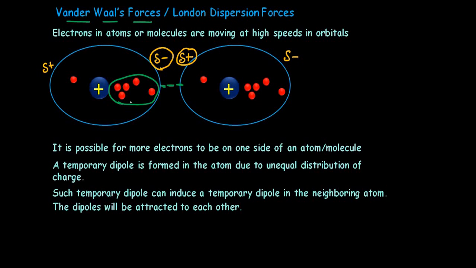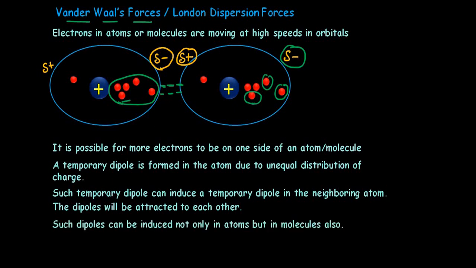Now this is not at all permanent, but as we know, it is all because of the electrons which are revolving around the nucleus. So we can also understand that the more the number of these electrons, the stronger the dipole created, and so the force which is produced or the bond which is formed between such atoms is also going to be strong.